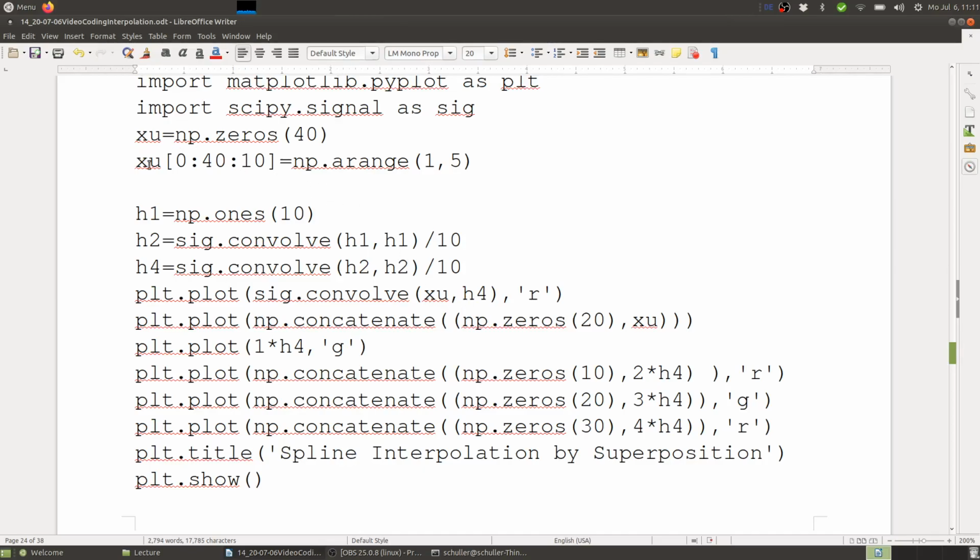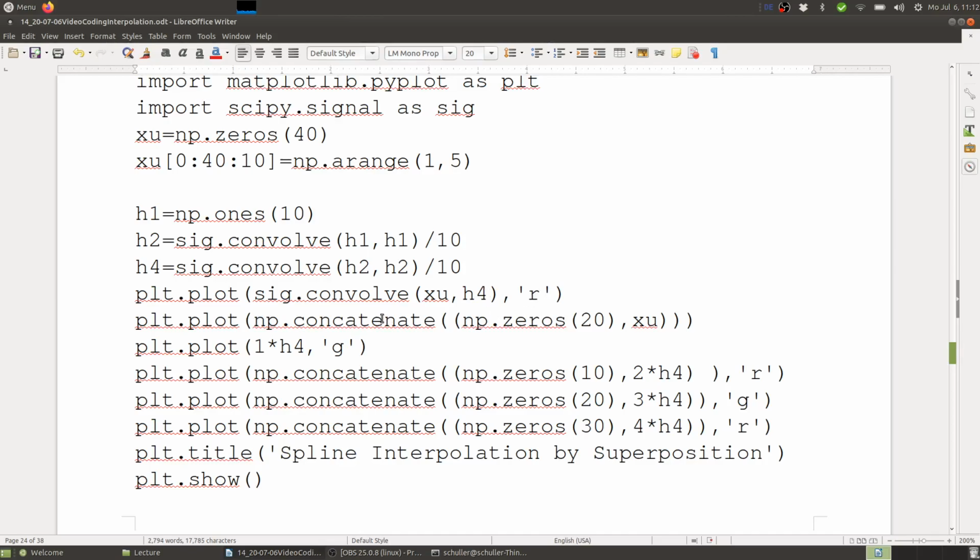Here you can see the signal contains the values from 1 to 5 on the integer x values, which means on steps of 10, in between 0. And then we convolve this ramp function with our obtained spline function using the red color.